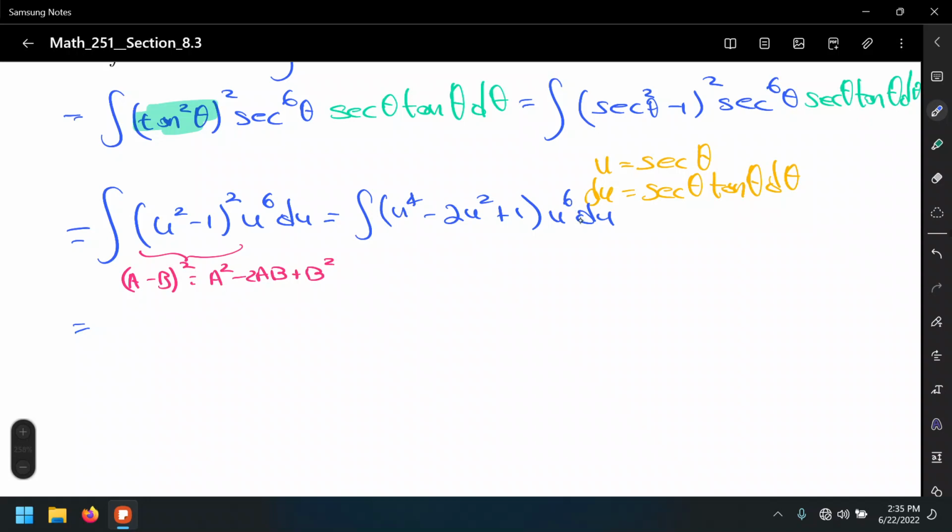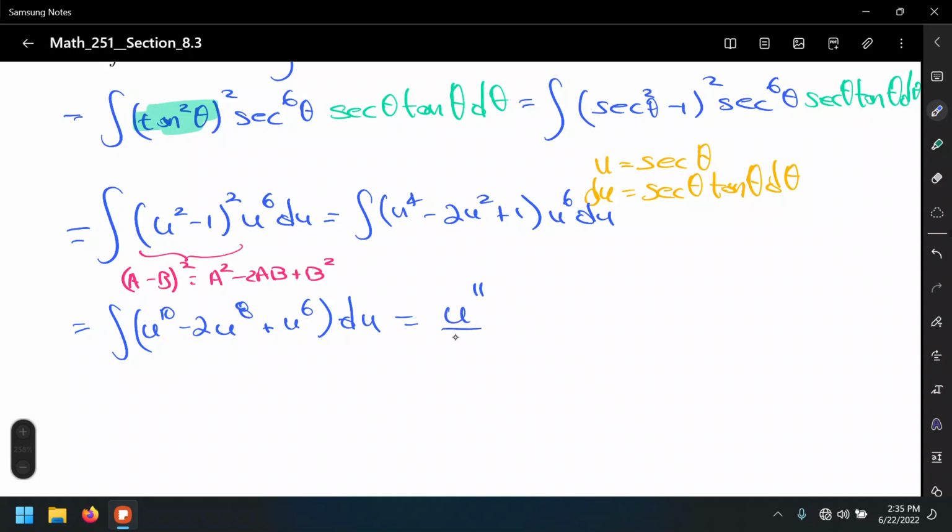That is, u to the 4th times u to the 6th. Isn't that u to what power? U to the 10th, u to the 8th, and u to the 6th. We can integrate these three using the general power rule.